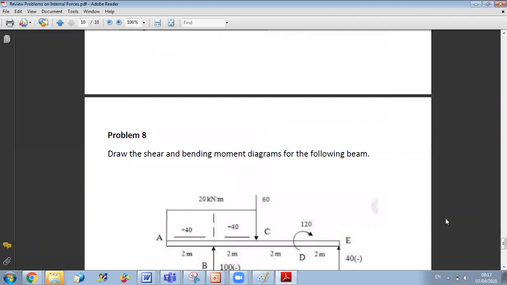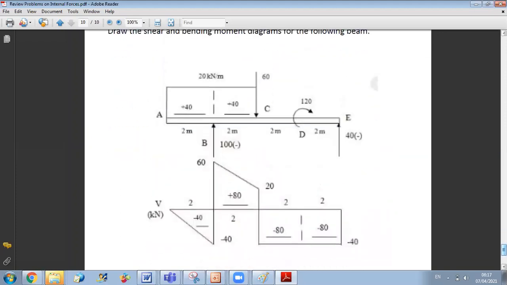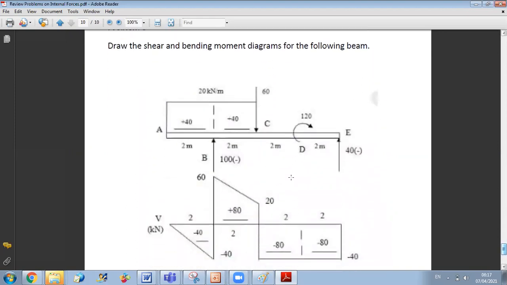Draw the shear and bending moment diagrams for the following beam. So here also, always the same concept. This beam is subjected to several forces. We have here a distributed load of 20 kilonewton per meter.